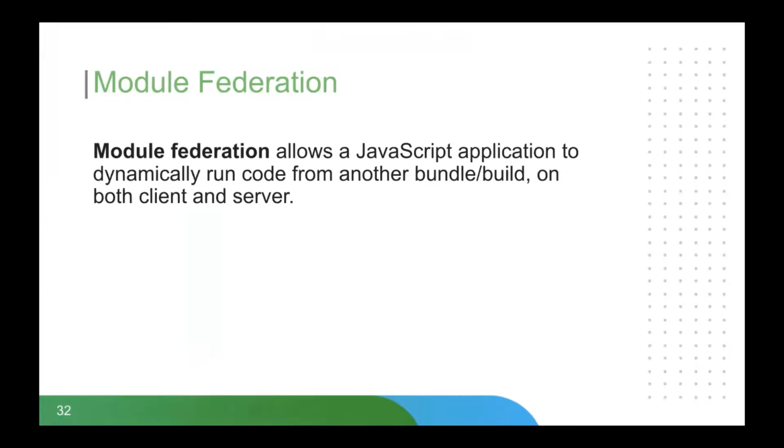So let's say an application is consuming a federated module, or you can say a micro frontend application does not have a dependency needed by the exposed code. Webpack will download the missing dependency from the host build origin, or the exposed code.